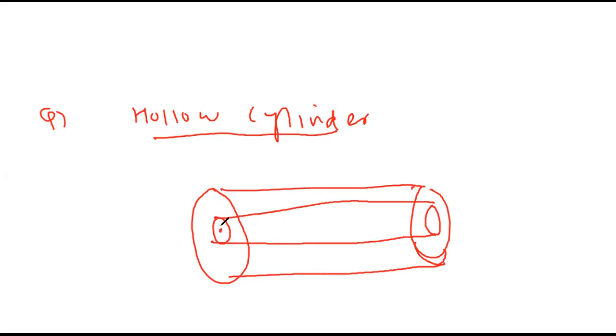This is radius R1, outer is R2. इसमें मटेरियल है इतना, बीच में हॉलो है, ये मटेरियल है. We want resistance.